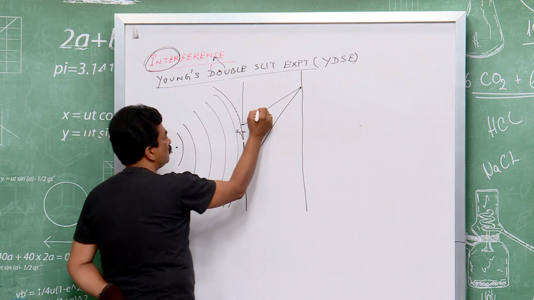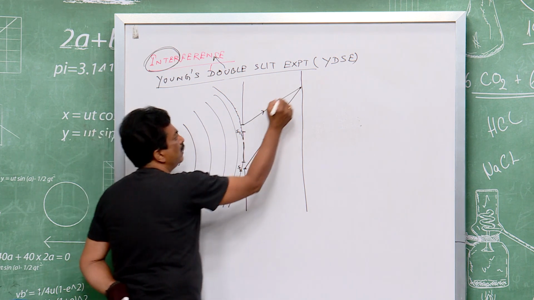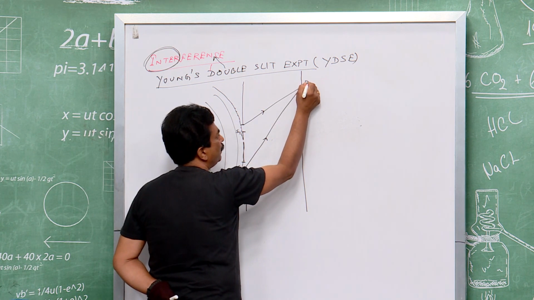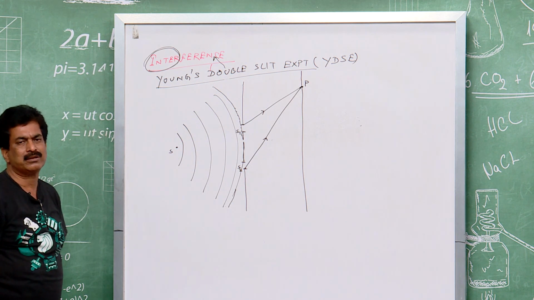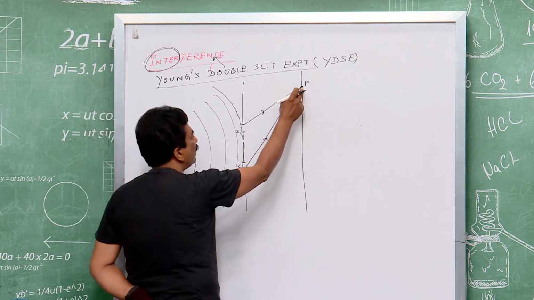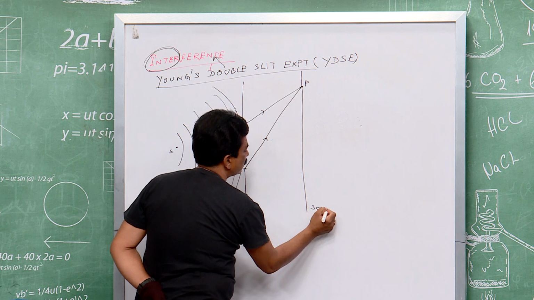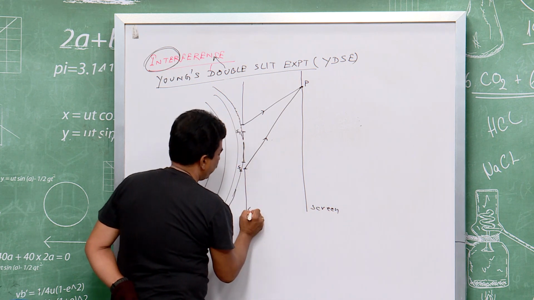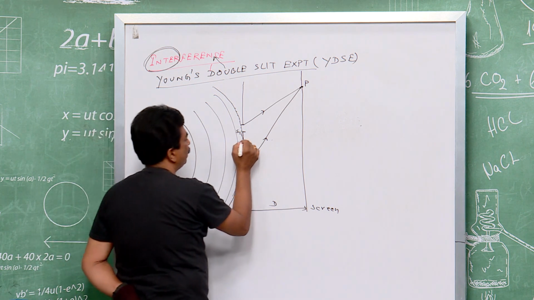From S1 a ray goes, from S2 a ray goes, and they meet at the point P. That point P may be a maximum or a minimum, and how they form on the screen. This is the screen. Let the distance from the slits to the screen be capital D.